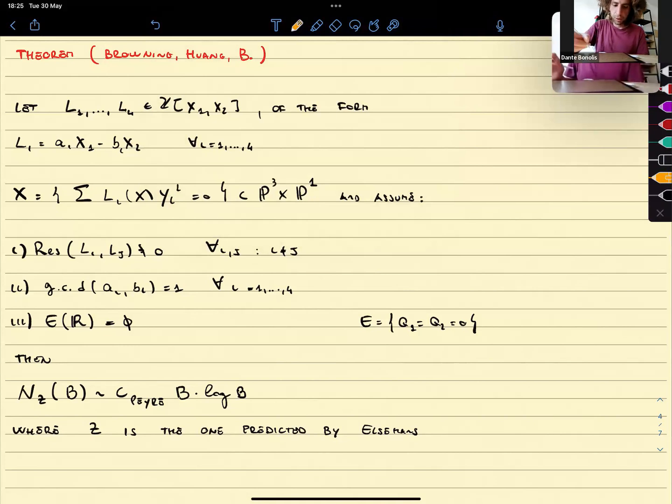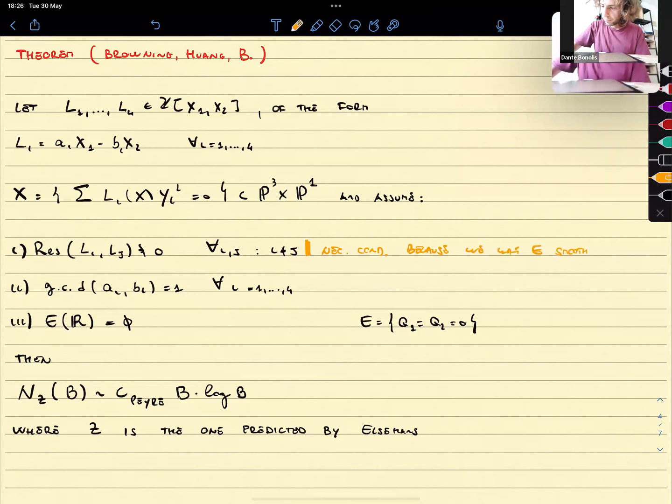There is this condition 1 here, and this is a necessary condition because we want E to be smooth. Instead, these other 2 are not necessary.